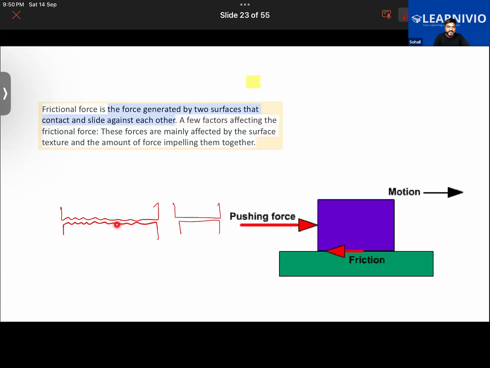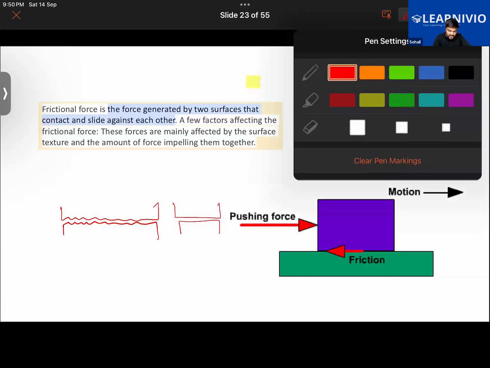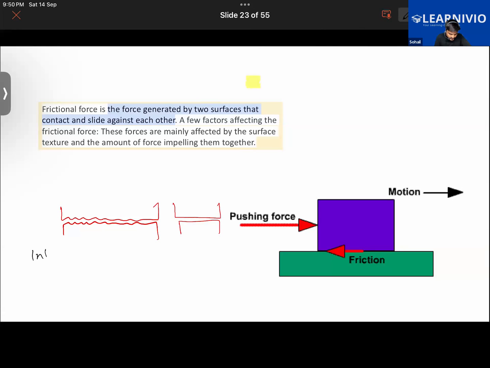What happens? These irregularities get interlocked into each other. That generates interlocking effect. Okay. And it is because of this interlocking effect between the irregular surfaces of objects that it becomes difficult for one object to be moved over another.